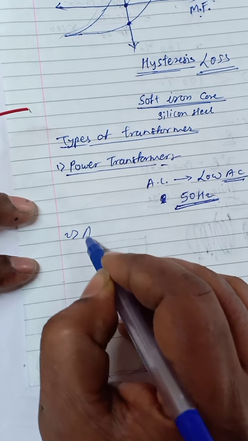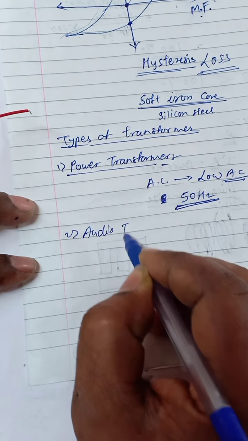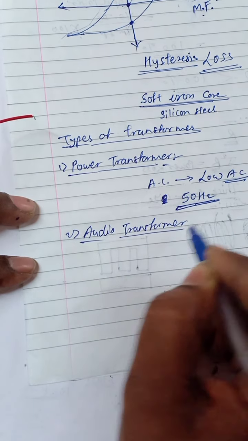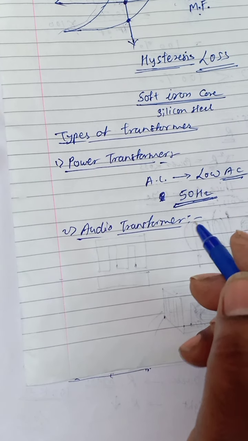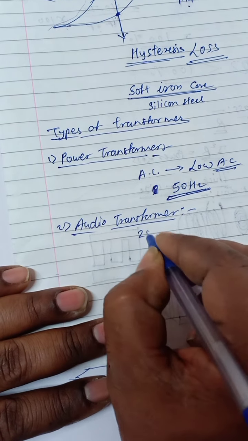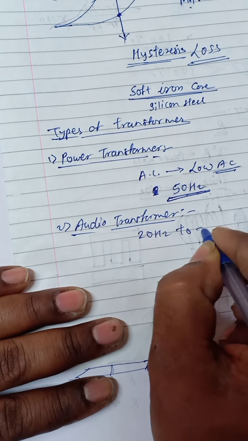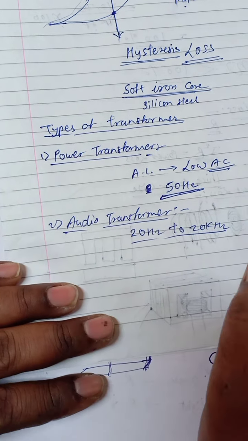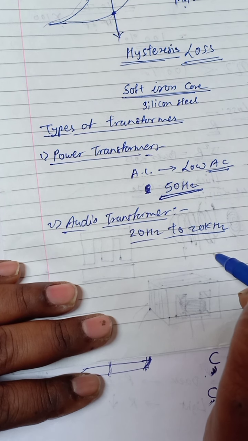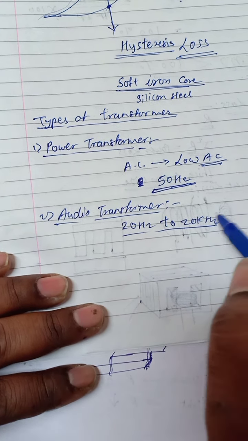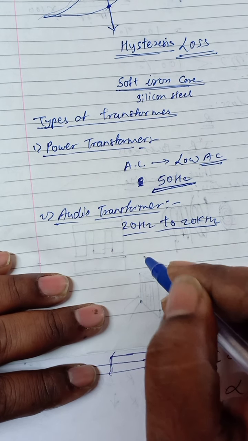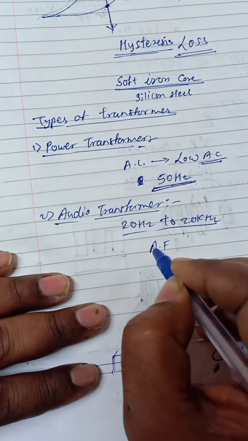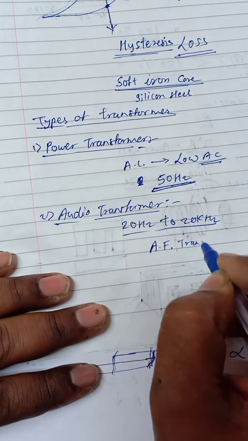The second one is the audio transformer. It is used to operate from 20 hertz to 20 kilohertz. Such a transformer is used on audio frequencies, known as an audio frequency transformer, AF transformer.